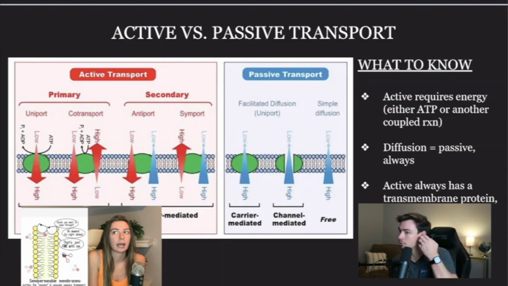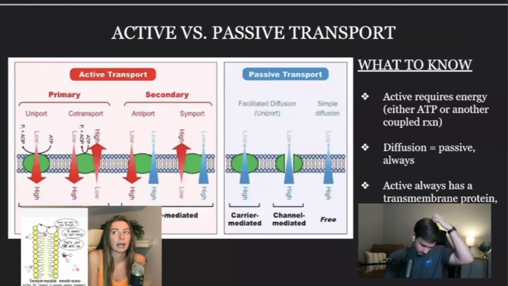So, Meg, what's the difference between facilitated diffusion and simple diffusion? With facilitated, you can see these big green blobs here. Those are transport proteins, right? They have to have some sort of channel to go through, probably because they're a hydrophilic molecule. This is going great with the plasma membrane lesson. Whereas with simple diffusion, if it's a hydrophobic molecule, it can go straight through.